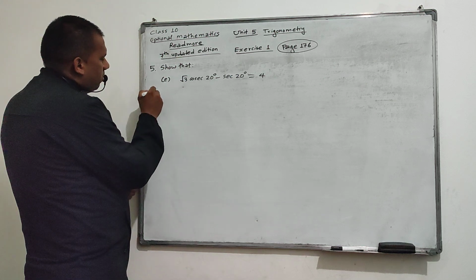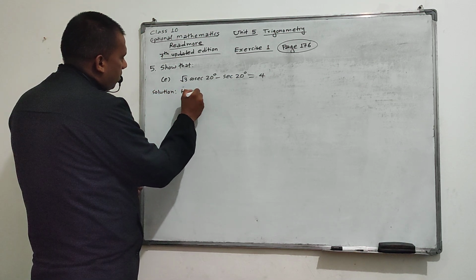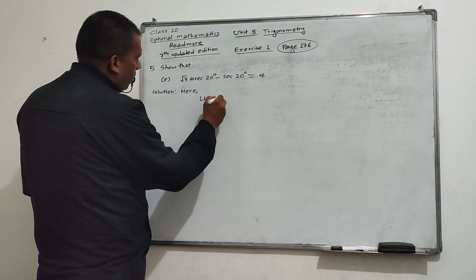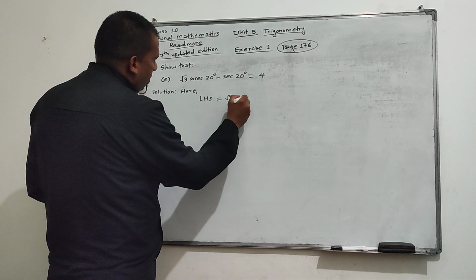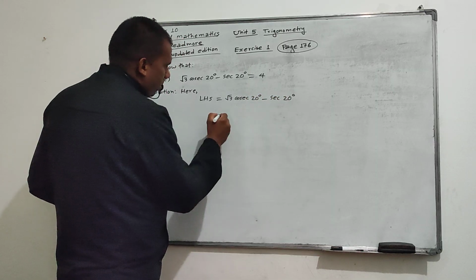Its solution here: LHS equal to root 3 cosec 20 degree minus sec 20 degree.